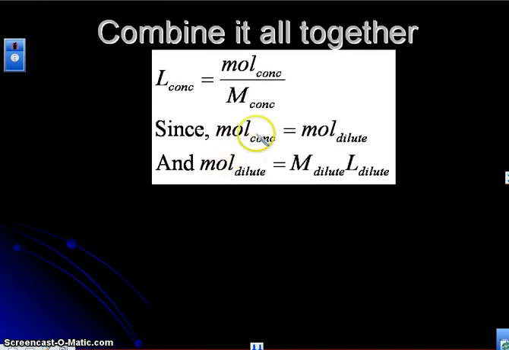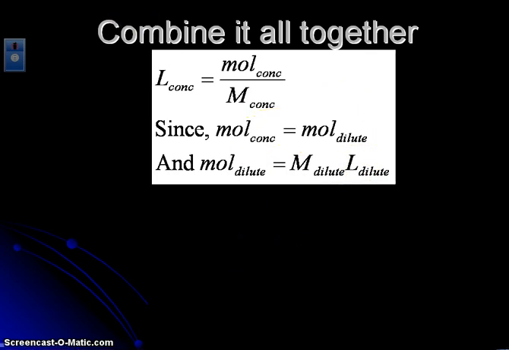We could substitute in moles dilute here, but let's take it one more step. We're going to substitute that in for the moles of our concentrated solution.